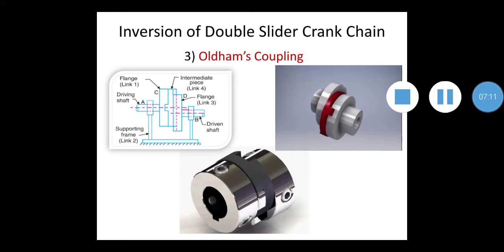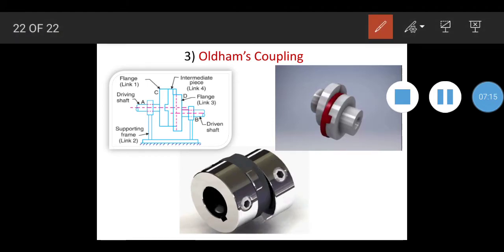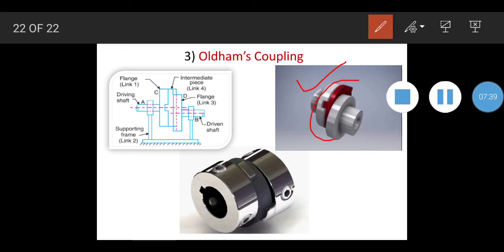From the second part of this diagram, we can see how this mechanism works. This red color block is the central block, a circular disc, which is used to transfer rotary movement from the first shaft to the other shaft. This red color block is placed in between.